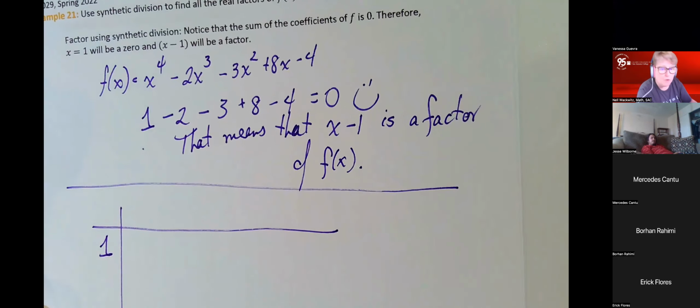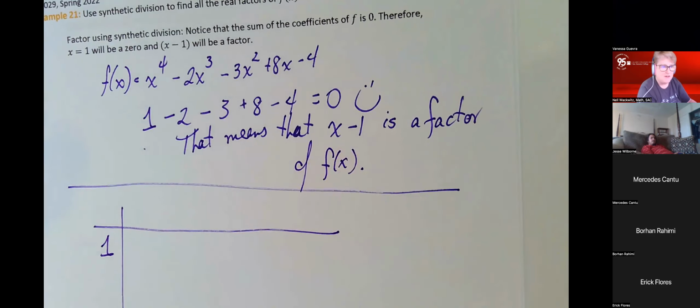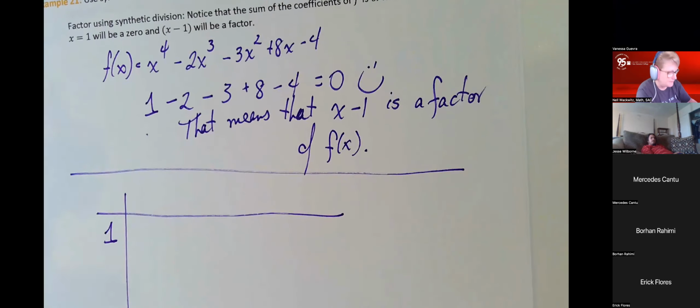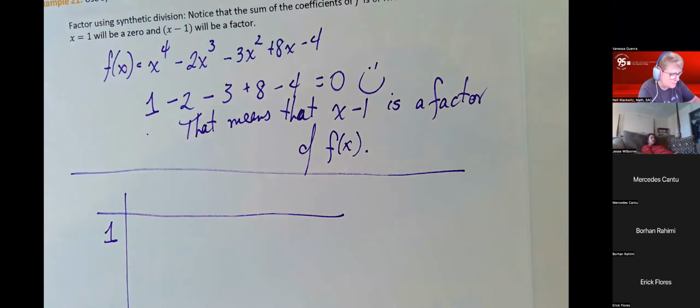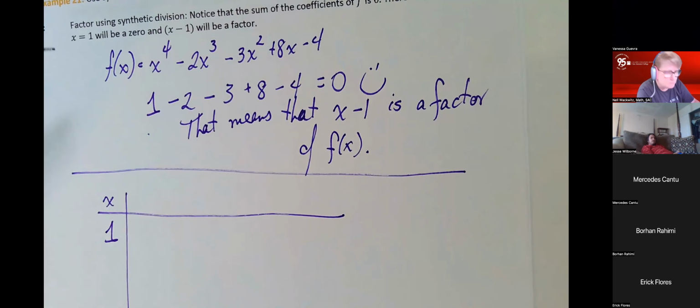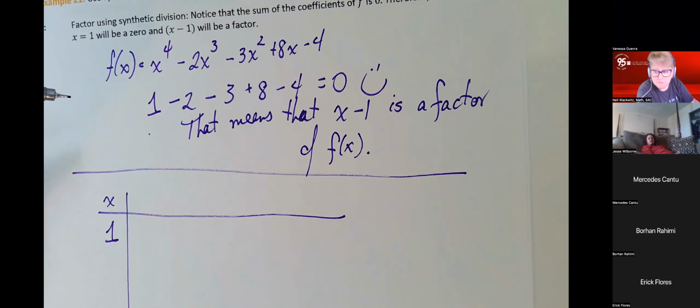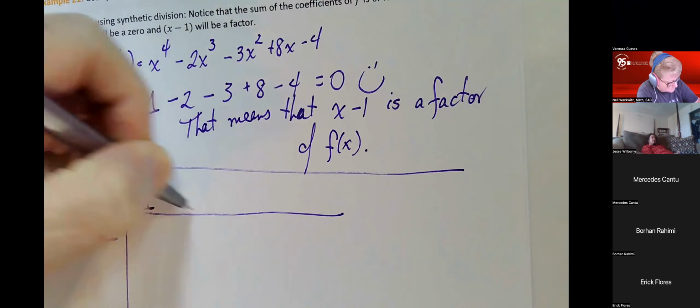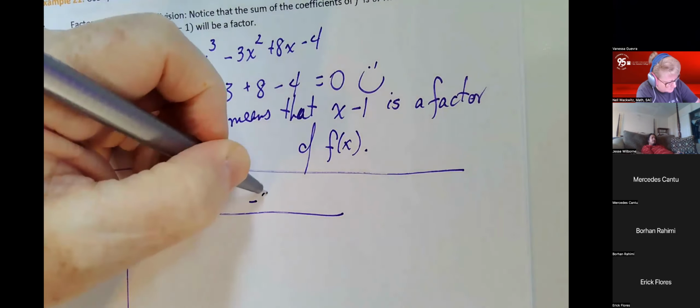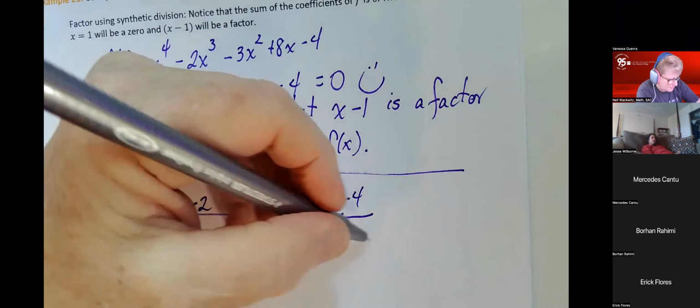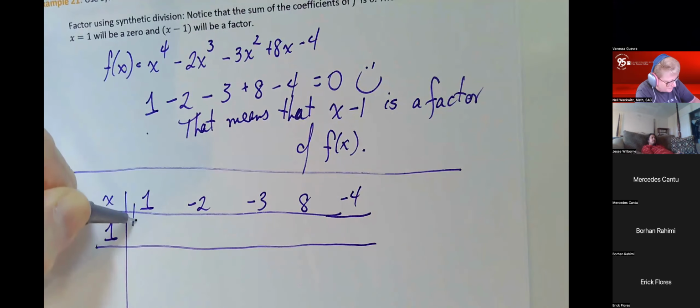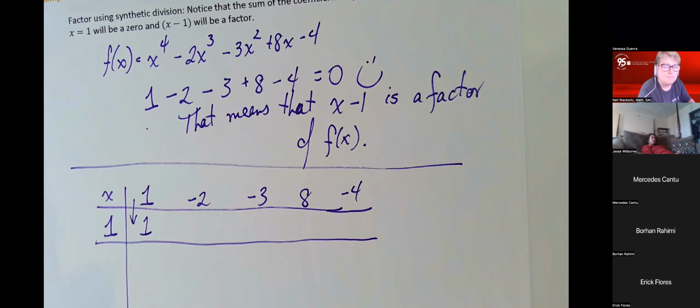So I'm going to plug in 1 first because x minus 1 is a factor. I know I'll get a 0 remainder. What numbers do we put in the top here? 1, -2, -3, 8, and -4. Great. And we bring down the 1. Okay, now what?